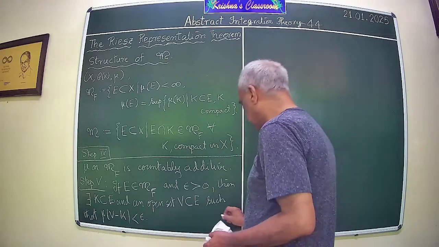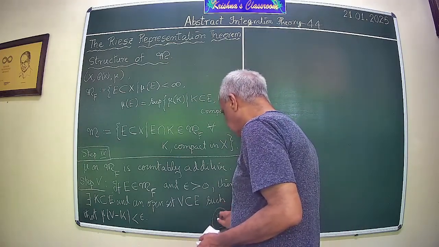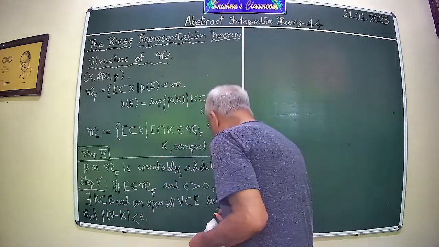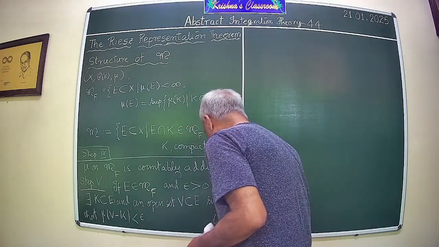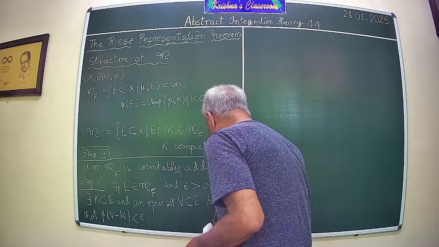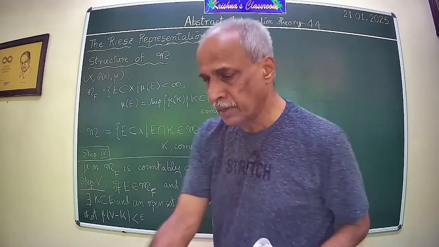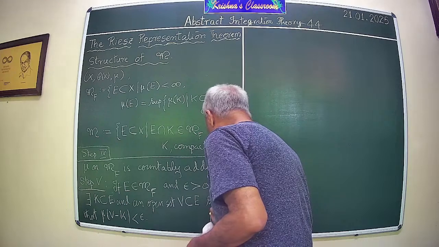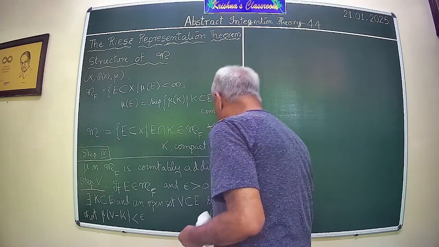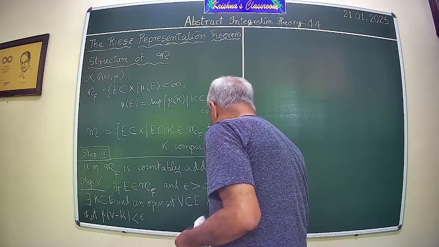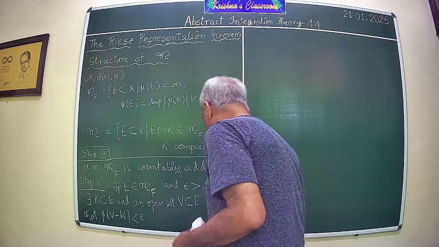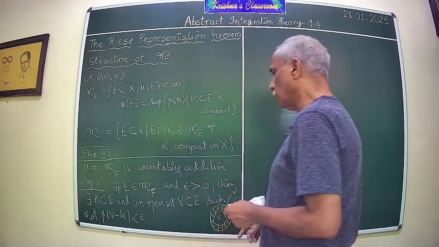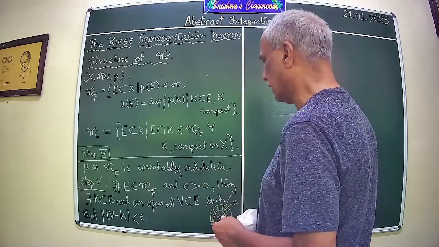So it's like this. E is given. Then you have a compact set here, some K, and then you have an open set V such that for this portion mu of V minus K is less than epsilon.